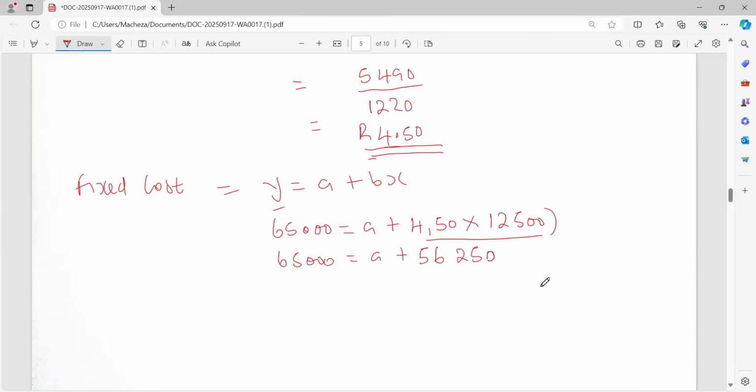56,250. Right. We want to make A the subject of the formula, what we used to do at high school. If 56,250 crosses the equal sign, it becomes negative.